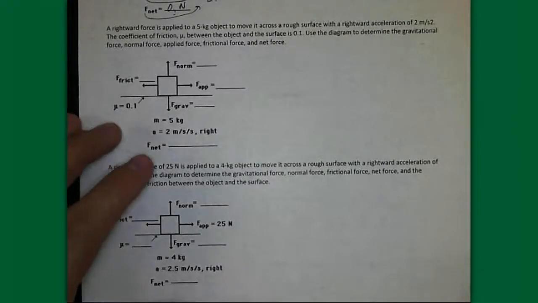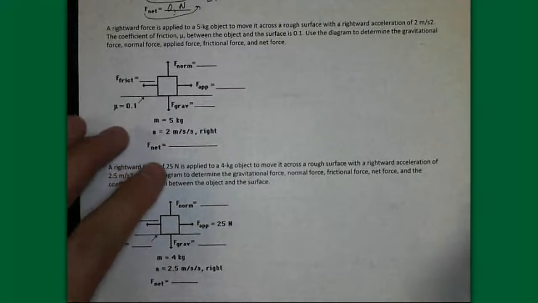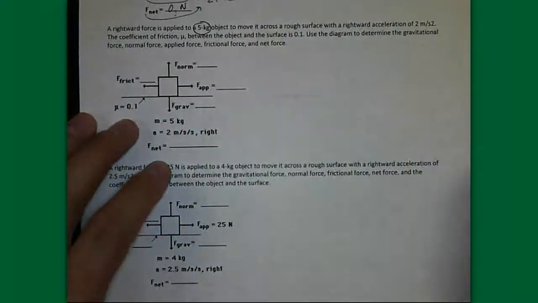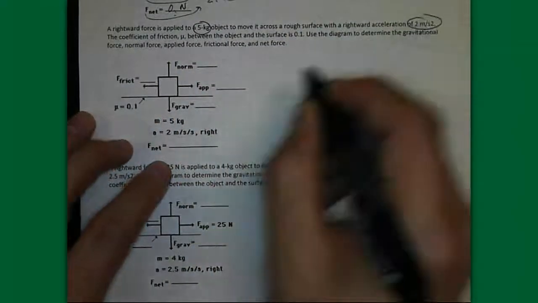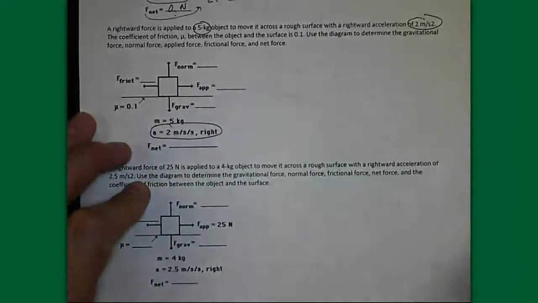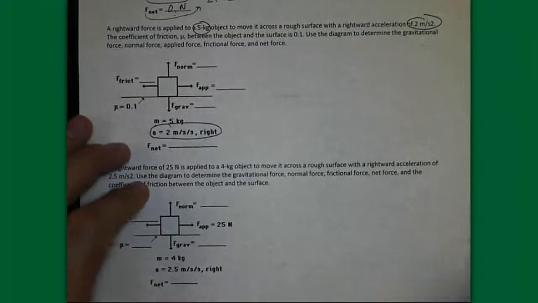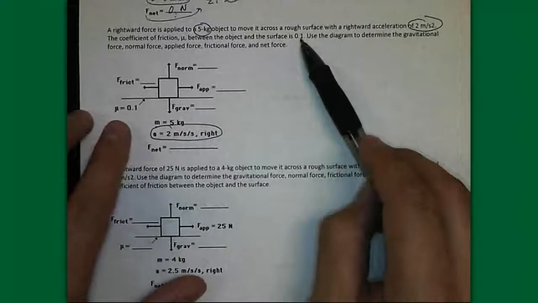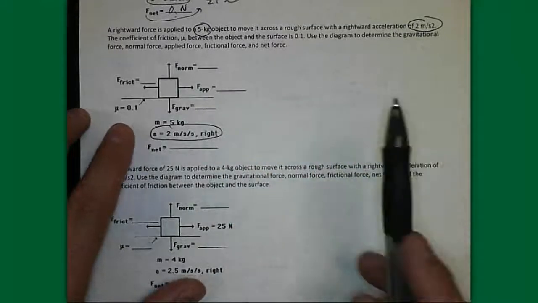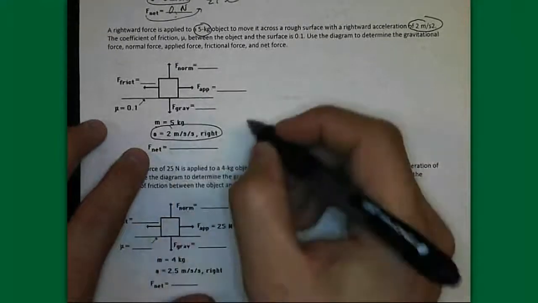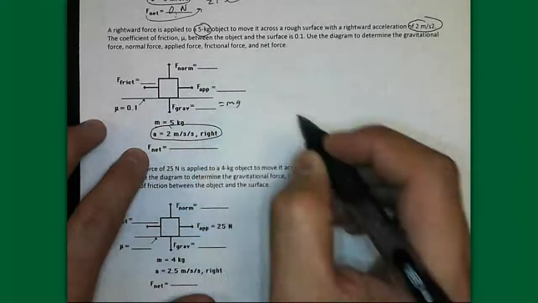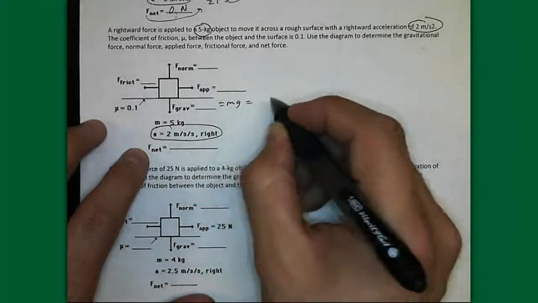Okay. So let's go through this next one. We have a 5 kilogram object, and we're accelerating it this time. The acceleration is 2 meters per second squared. Again, they gave us the coefficient of friction. Let's see what we can find. Well, once again, I can start off with the force of gravity. That's easy enough because that's the mass, which we have, times gravity, which I know.